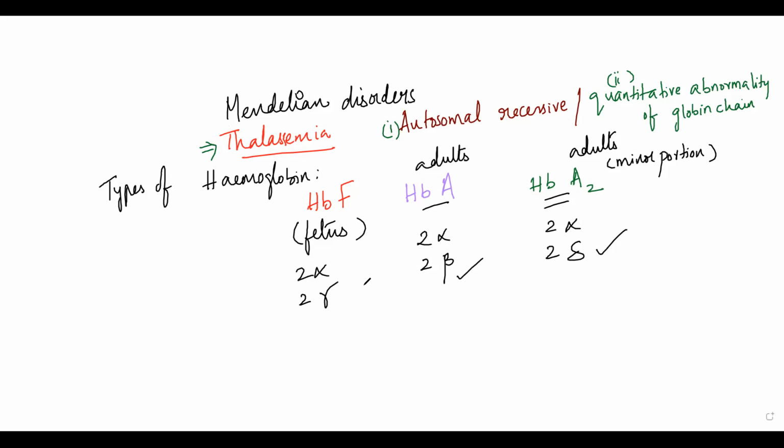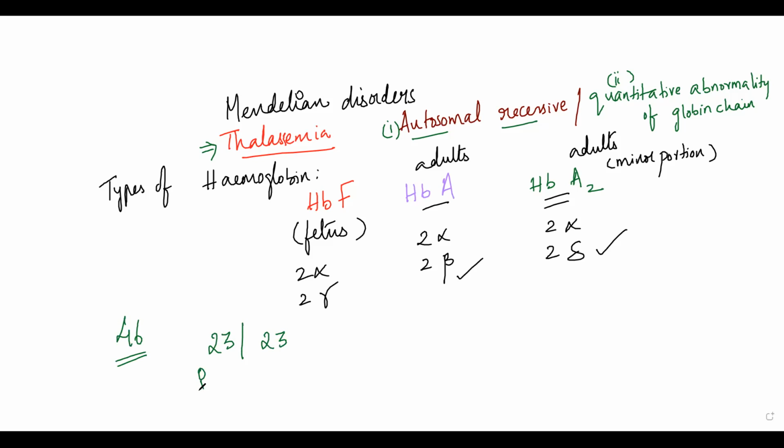Now, coming to the details of thalassemia, children, since I spoke that this is an autosomal recessive disorder, autosomal chromosomes are the non-sex chromosomes, right? We know that we have 46 chromosomes, of which 23 are from the mother and 23 are from the father.